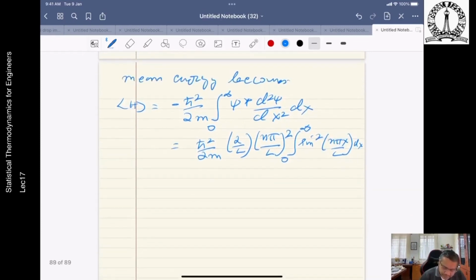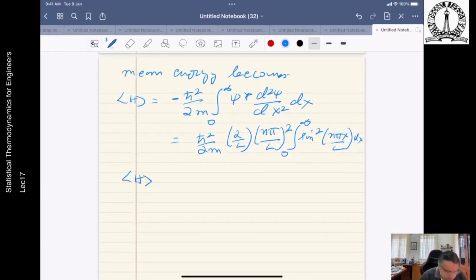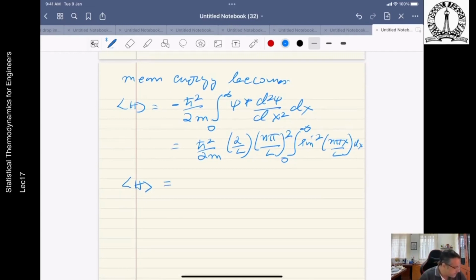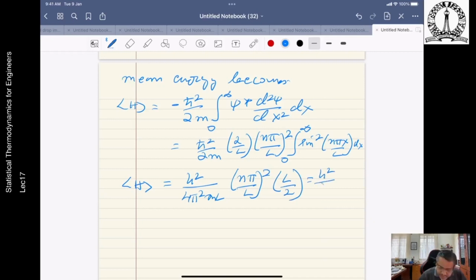So if you evaluate this integral, this will give you h bar squared n squared pi squared by 2m L squared, which is also equal to h squared n squared by 8m L squared. Okay.